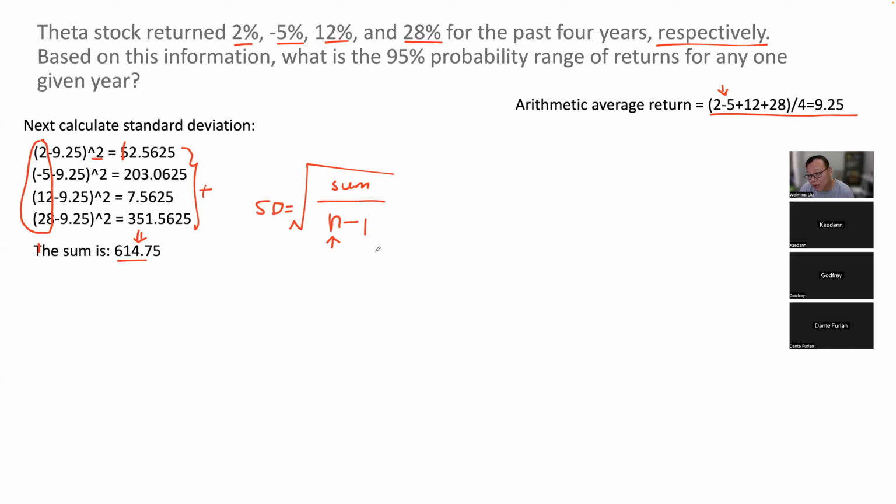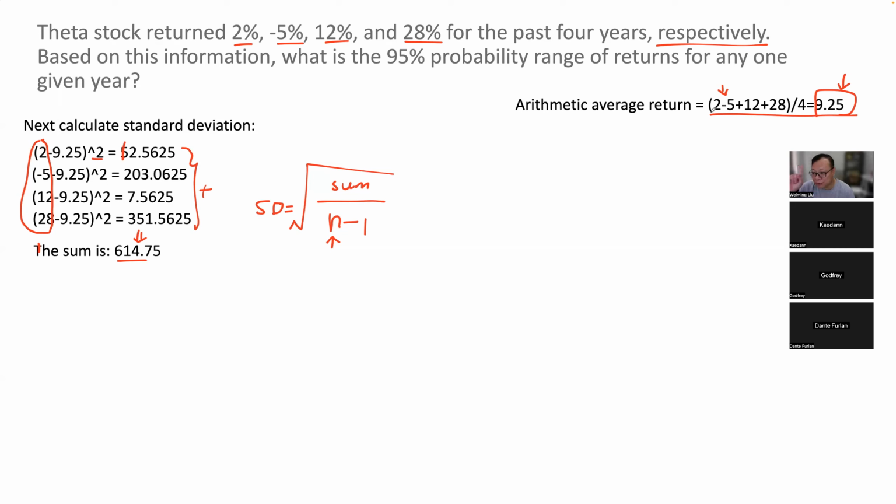Because you lost a degree of freedom, because of the way you calculate your average. You used these 4 numbers together, 1, 2, 3, 4, and you divide by 4, and you get this average. So that's how they were bound together.